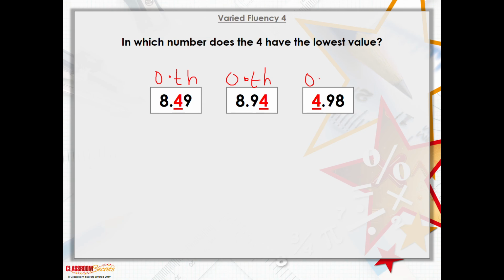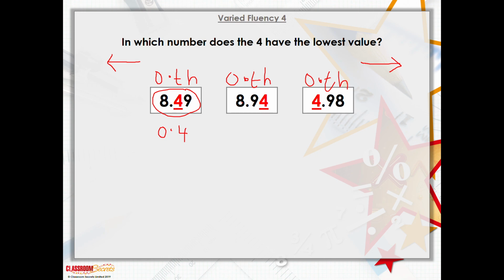Now ones, tenths, and hundredths. Now remember, in our place value grid, our numbers that are further to our left hand side have the greatest value. Our numbers further to our right hand side have the lowest value. So in this number here, I'm going to circle it. Our 4 actually represents 4 tenths, 0.4.